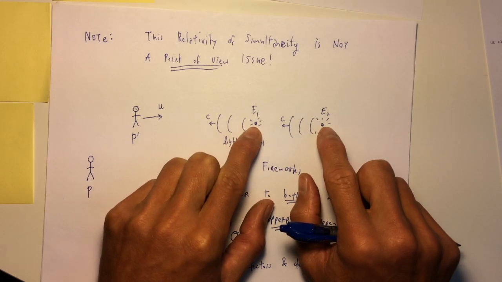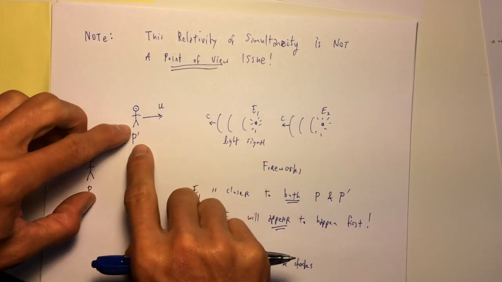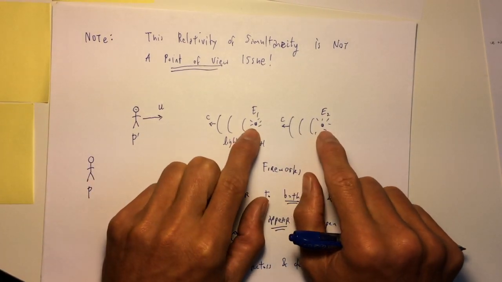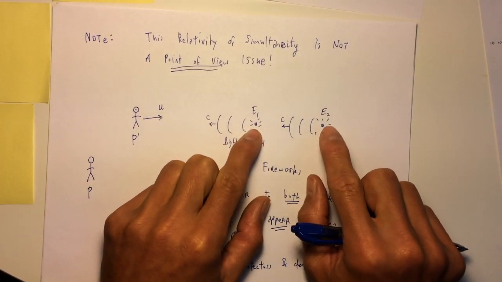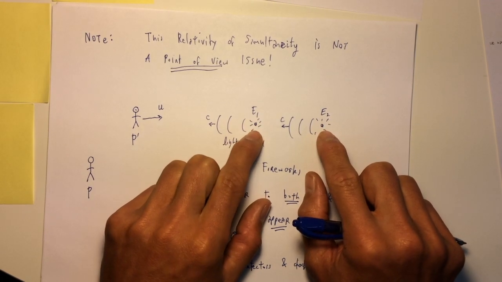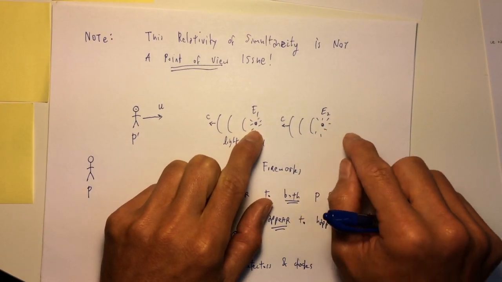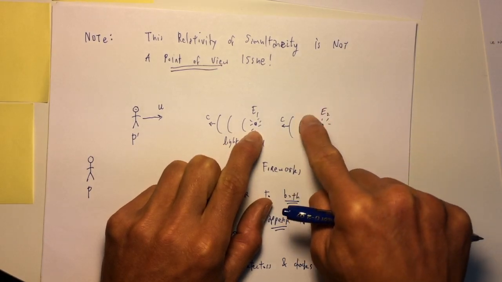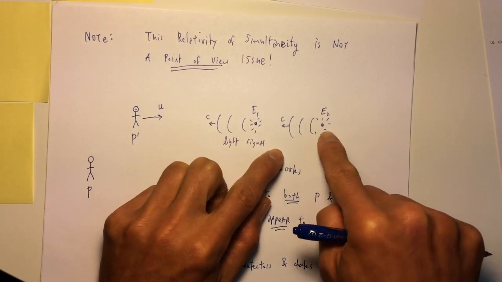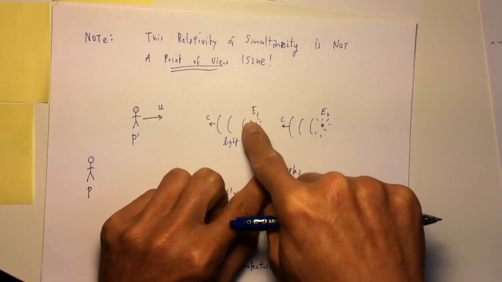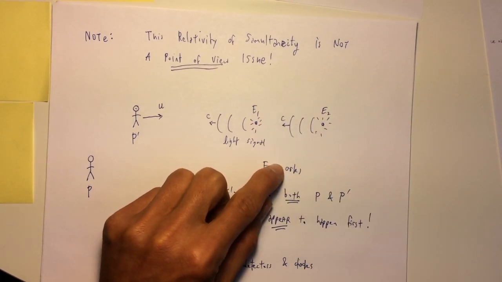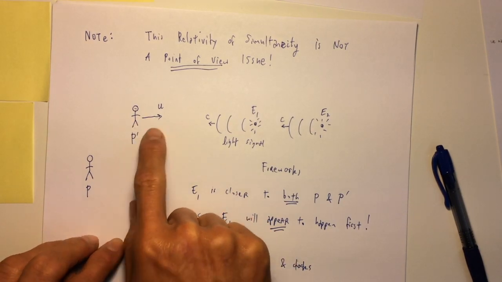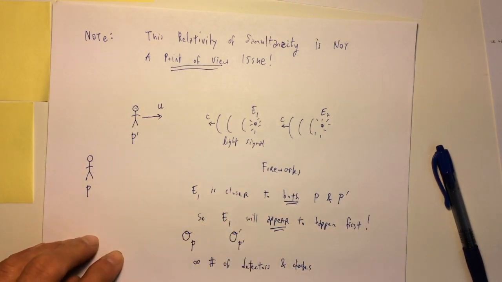They are simultaneous. But P prime, or O prime, its detectors will definitely not detect the explosions to happen at the same time. In fact, the one on the right, the one with the larger positive x value, is going to happen first, followed by this one, because of their relative motion, that P prime heads towards the right in O.